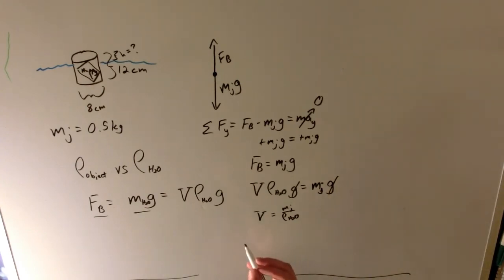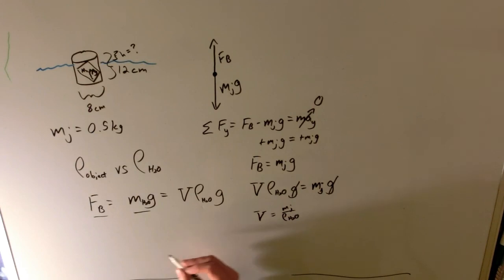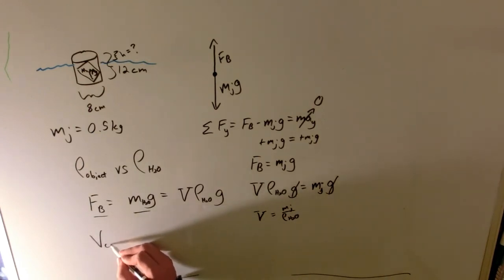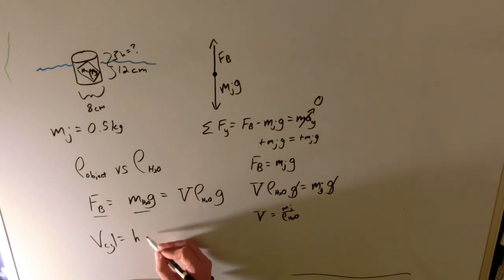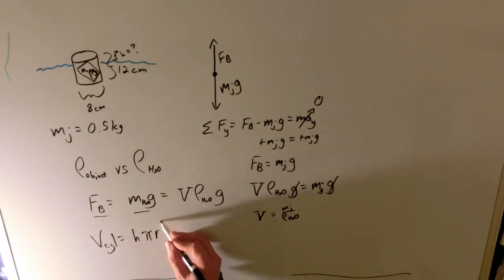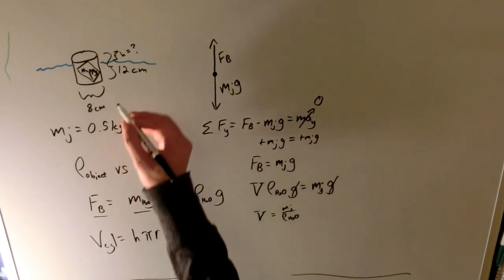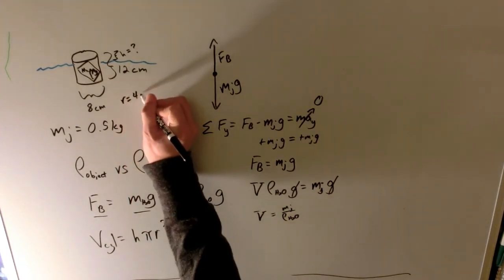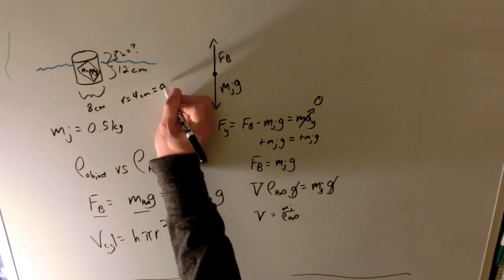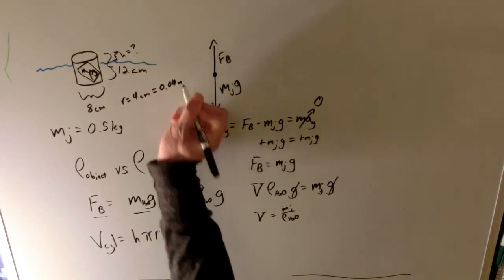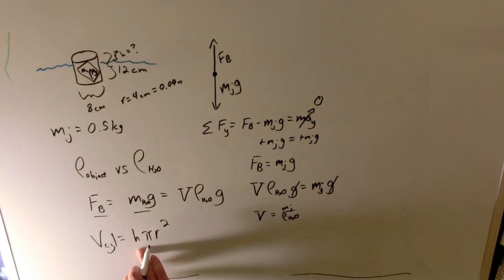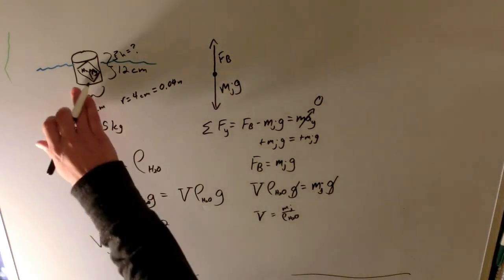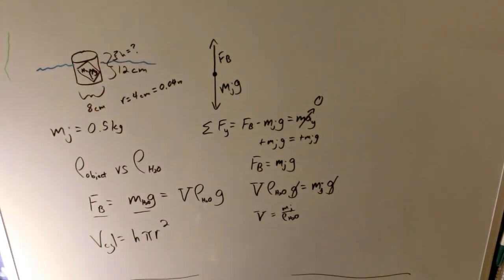Okay, and the volume, well, we're dealing with a cylinder, so we're going to deal with the volume of a cylinder, which equals our height times pi r squared, where r is going to be equal to 4 centimeters, which is equal to 0.04 meters. Our h, well, if we were finding the volume of the entire cylinder, then it would be 12 centimeters tall.